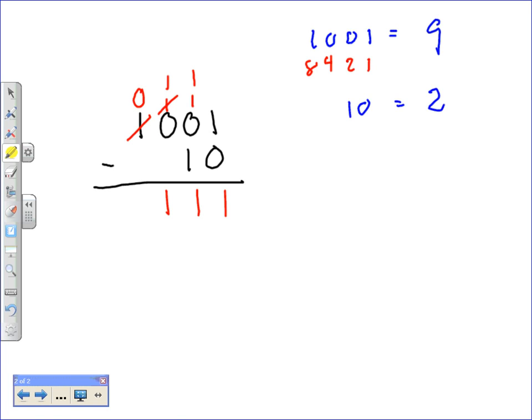So 9 minus 2 gives us 7. So let's just double check to make sure our answer that we found before was 7. And again, this would have been the 1's column, the 2's column, and the 4's. So we have a 4, 5, 6, and 7. And since that's what we got, it seems like a pretty good check.